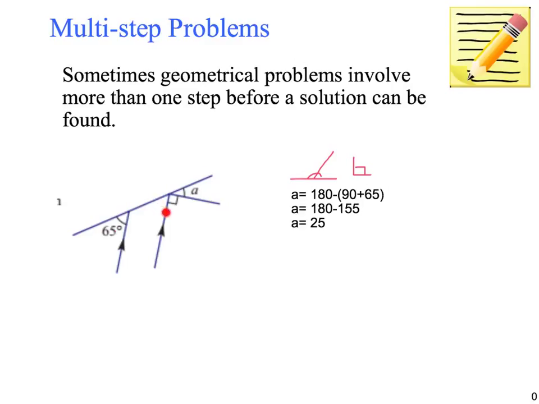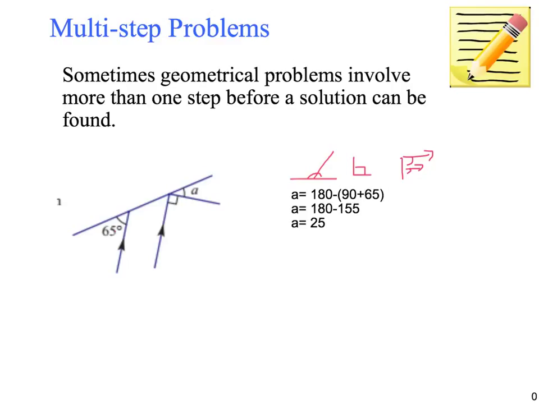So remember, it's in a corresponding position. They're both to the left of the parallel lines and on the underside of the transversal. So that's the corresponding angle and they are equal. Therefore, this angle here will equal 65 degrees. So we need to show that in our working by using the symbol for corresponding, which is this. You need to show me that you know that it's corresponding. That's why it's 65 degrees.